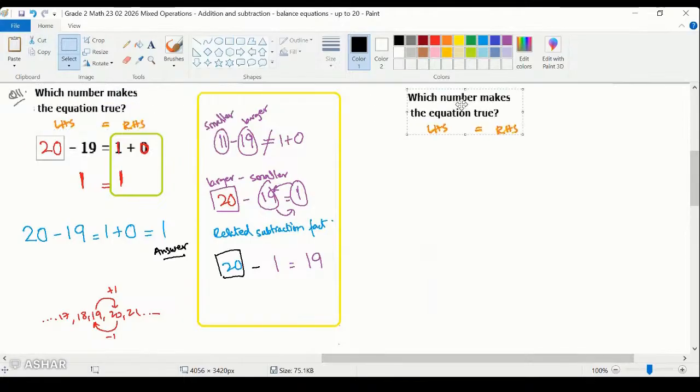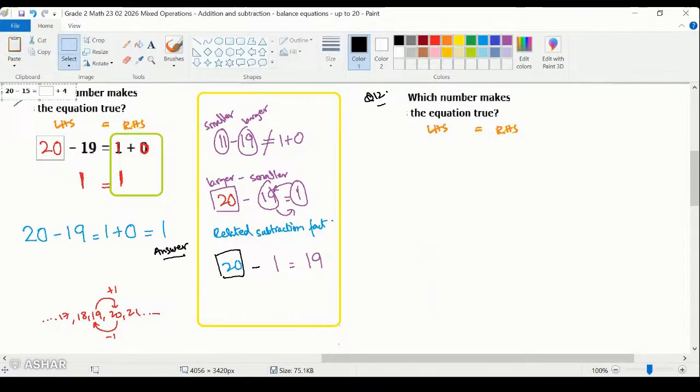For the next question, that is question number 12, they're asking us to simplify or find the missing value such that 20 minus 15. Okay.